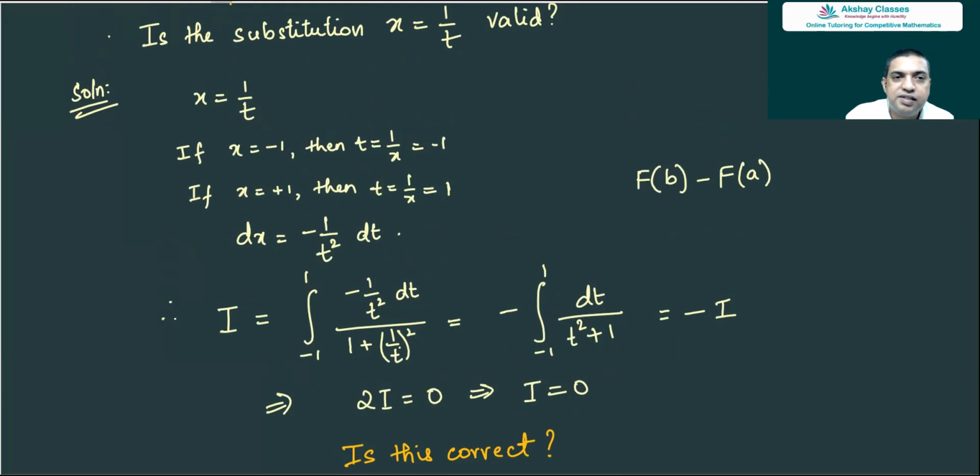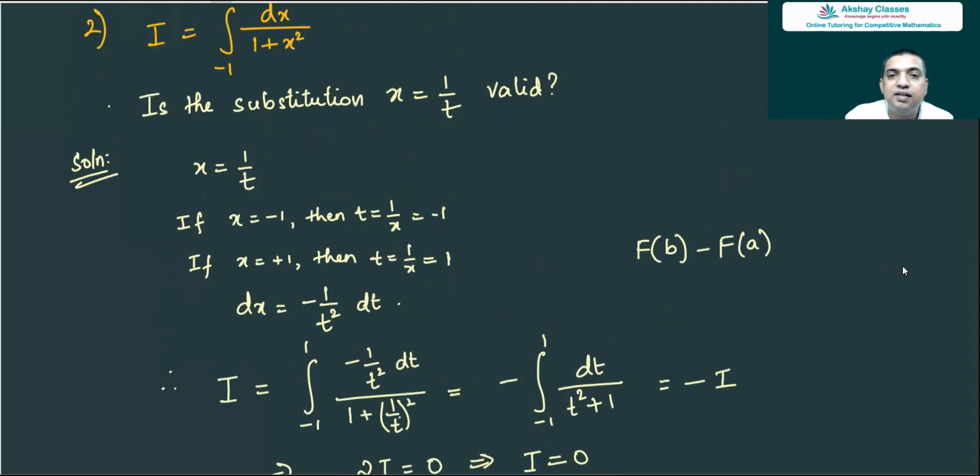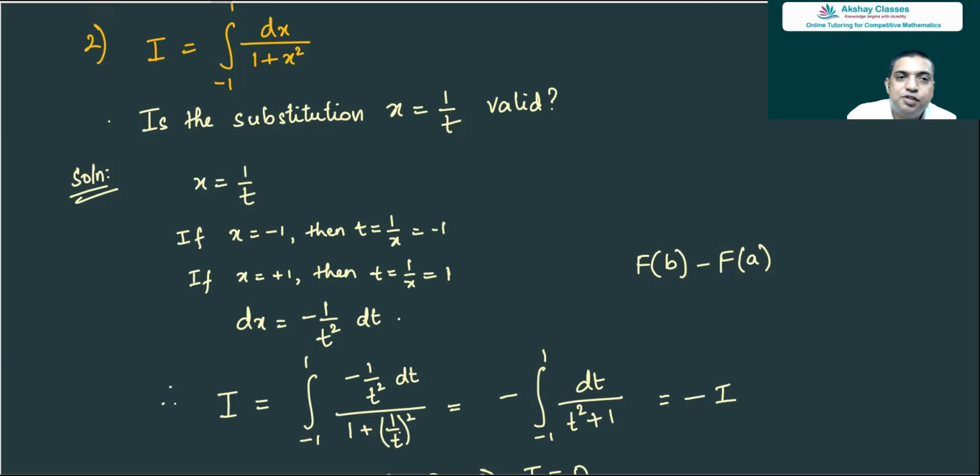It's a common mistake that students make when they go for substitution. So this is not correct, because 1 by t is not continuous throughout minus 1 to 1. Our substitution is t is 1 upon x.